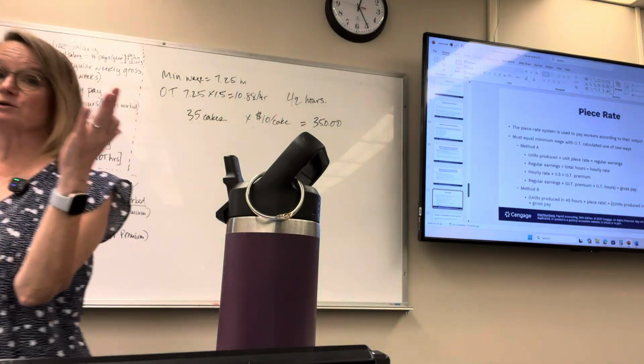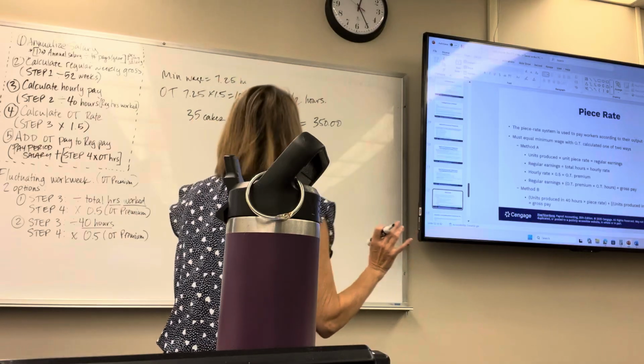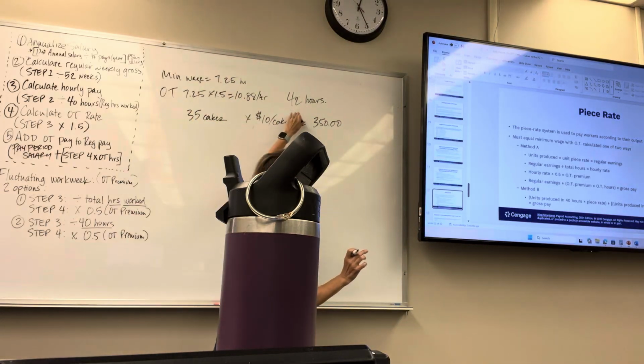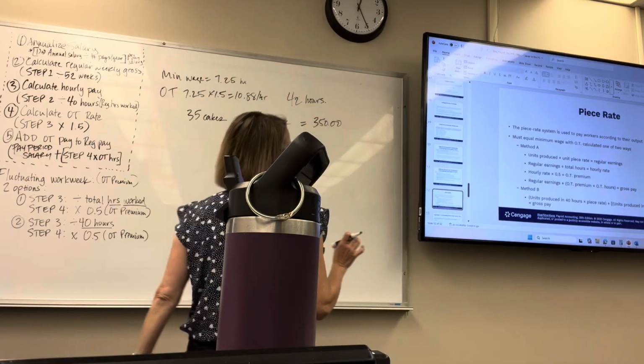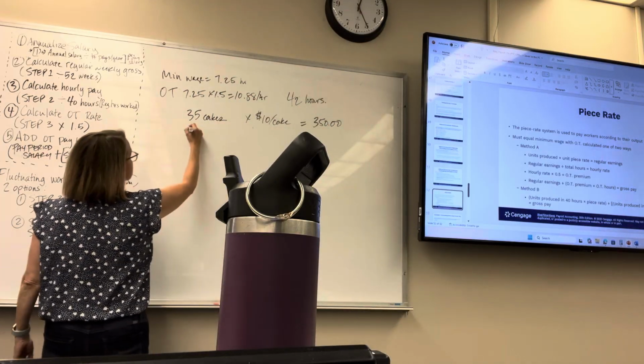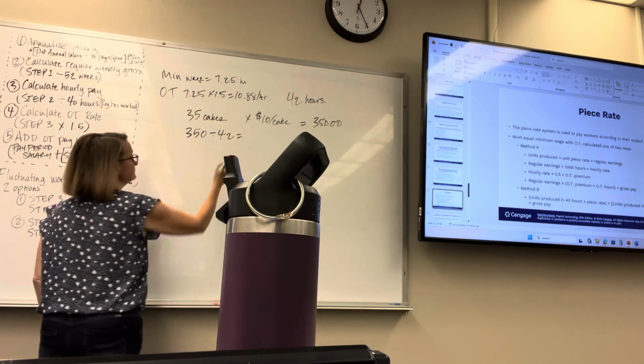So you worked 2 hours of overtime. You're entitled to 2 hours of overtime pay. In order to figure out what that hourly rate is for those 2 hours, we're going to take the regular earnings divided by the total hours. So 350 divided by 42.